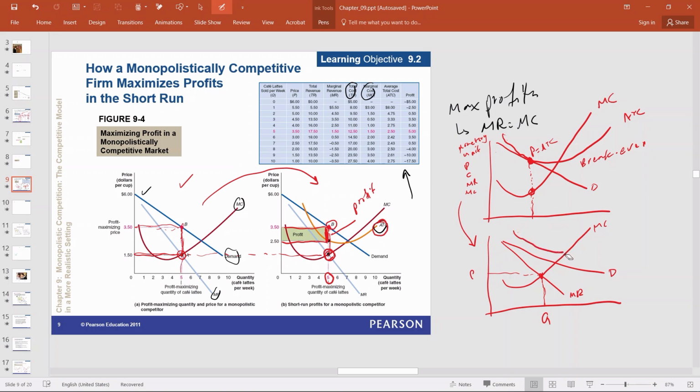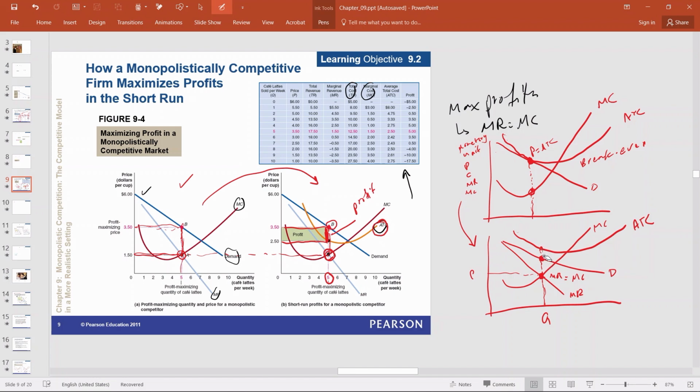So this is average total cost. And if you take from the point where marginal revenue equals marginal cost, this is the price now that should maximize profit, but in this case, we have the price is less than the average total cost.